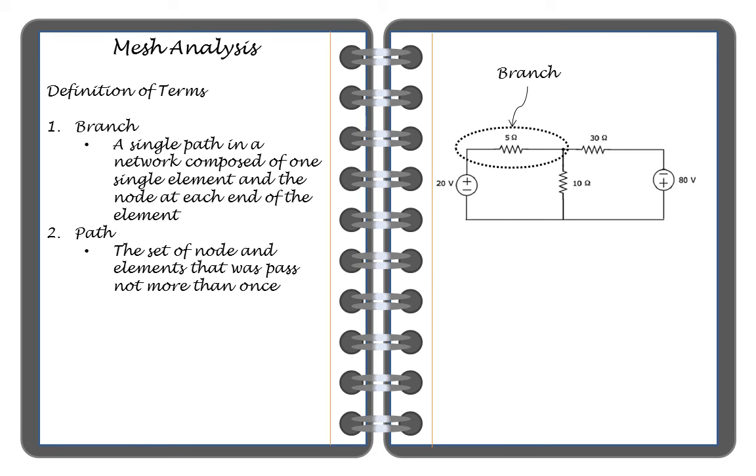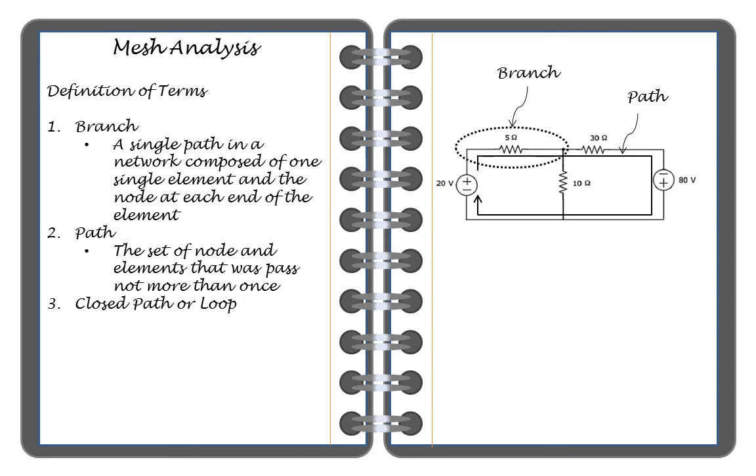So this is an example of a path, wherein if you see the arrow, it passes through the 20-volt voltage source, 5 ohm resistor, and another 30 ohm resistor, another voltage source, and goes back to the voltage source. Now that is what we call a path, and it only passed through the elements just once. It did not pass again.